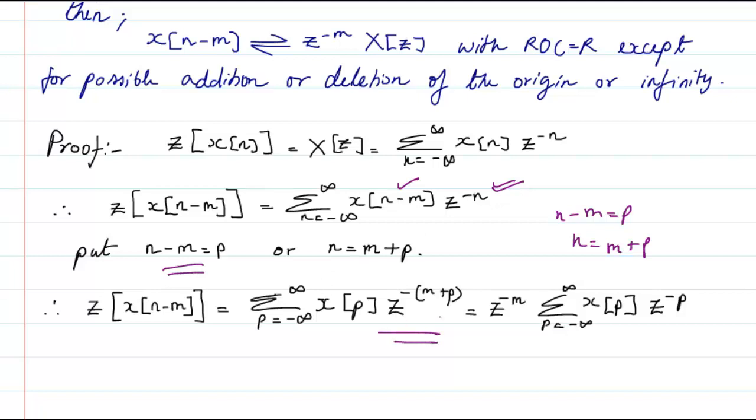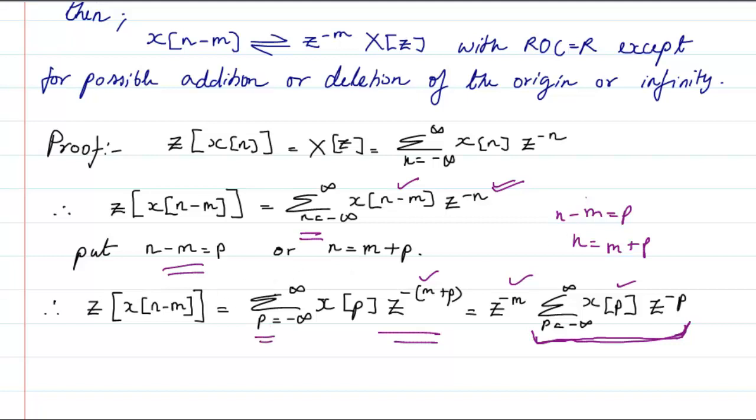So I have x of p into z raised to power minus m minus p, out of which z raised to power minus m can be taken outside, which has been done here, and the remaining portion is basically written here. As you can see, this whole portion is basically the z transform equation of x of n. The only thing is that now instead of n we are having p. Now you might be thinking how we have changed the limit of the summation from n to p.